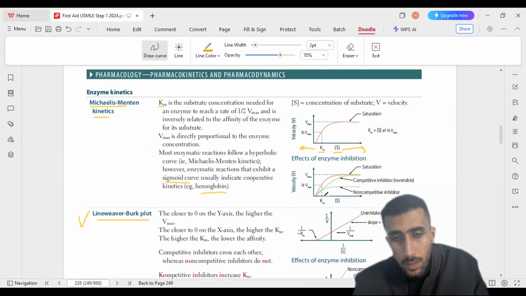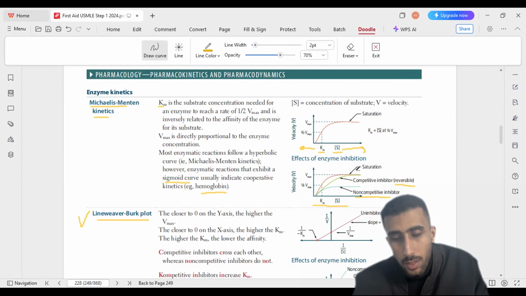Here we are going to explain the different kinds of inhibitors for a drug or a substrate: the competitive inhibitor, aka reversible inhibitor, and the non-competitive inhibitor. This is the Vmax, the maximum velocity that is going to be reached.